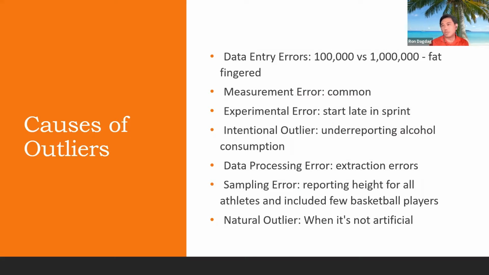Sampling errors would be you want to report all the heights of athletes, and you only included a few basketball players, or you included too many basketball players. That would skew the sampling. And of course, natural, when it's not artificial, it's part of the data. It's very common.